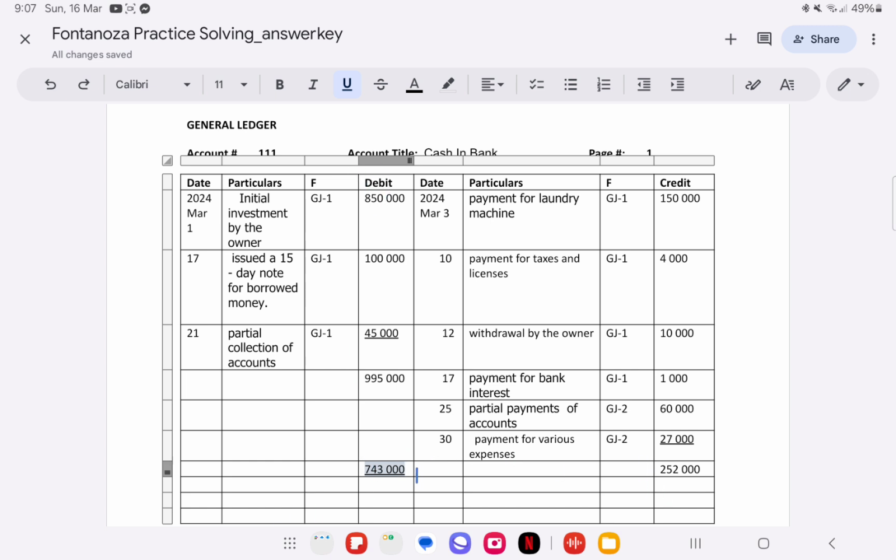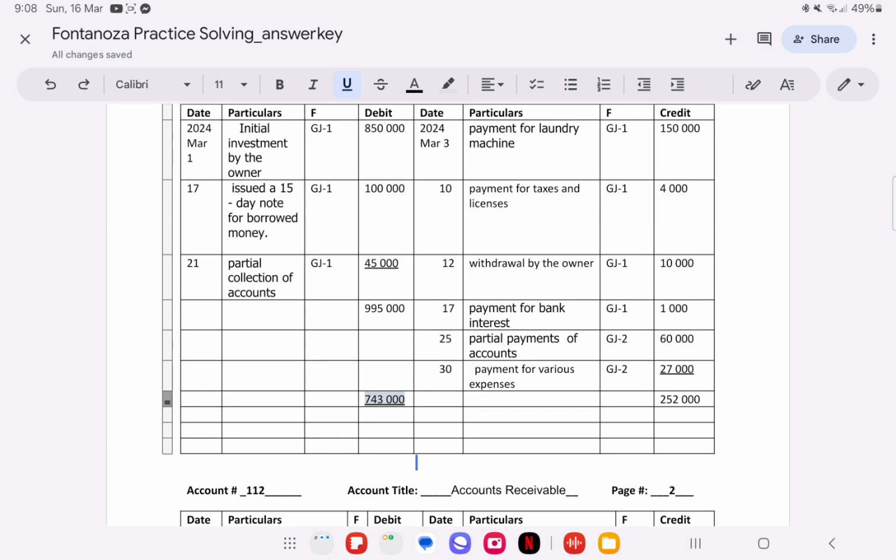So since I put it here, the normal balance of cash in bank is in the debit. Also remember that you should not double line this first. That's only one line, no? You should not double line this one if there's no balance at all. You need to balance this one before you double line.